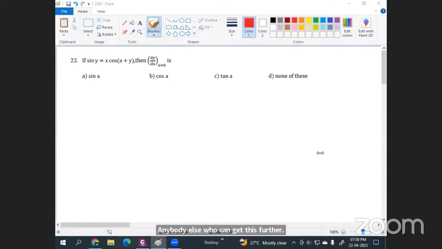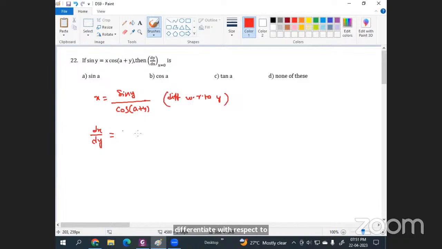Right. Now this question, at x equal to 0, dy by dx: first I'll eliminate the x. X equal to sin y by cos of a plus y. Differentiate with respect to y. This question we have to do by differentiating with respect to y.